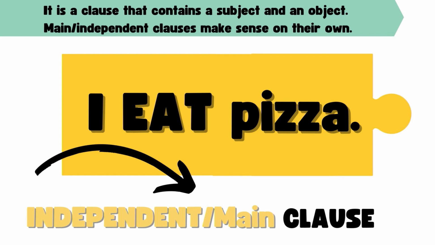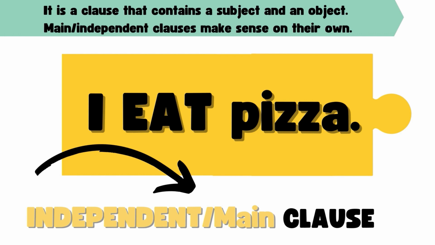Let's take an example, the very simple sentence, I eat pizza. This can be a sentence all by itself, but maybe I want to add a little bit more information. So I might want to join this sentence to another clause.